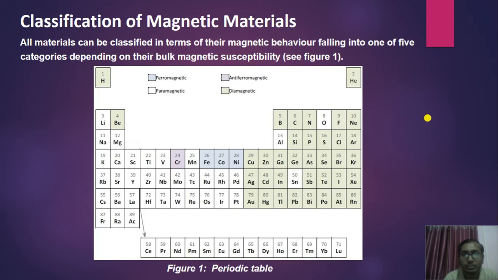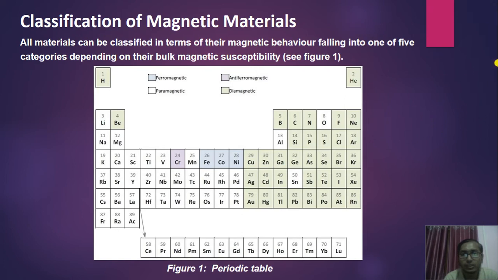Now the question arises, what do you understand by magnetic susceptibility? In Hindi, we can translate magnetic susceptibility as chumbakiya संवेदनशीलता. So magnetic susceptibility is nothing but chumbakiya संवेदनशीलता.